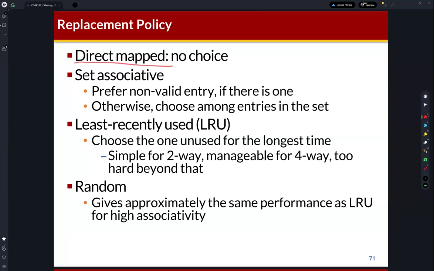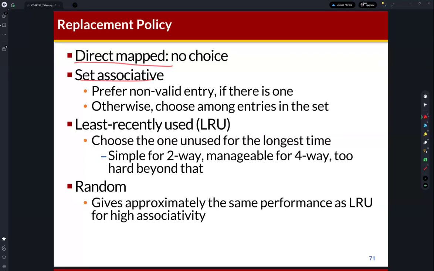But for the set associative cache or fully associative cache, if there is no available block, which means the cache is full, then when new data misses in the cache, there is no empty block in the fully associative cache, right?